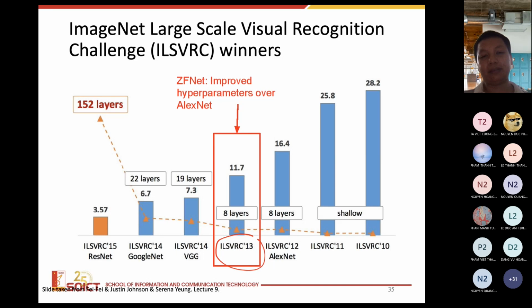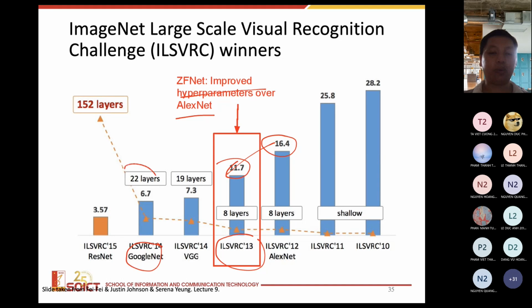ZFNet is just an improved hyperparameter version of AlexNet, and we reduce the error rate to 11.7. Okay. And then in 2014, we have VGG and GoogLeNet, right?